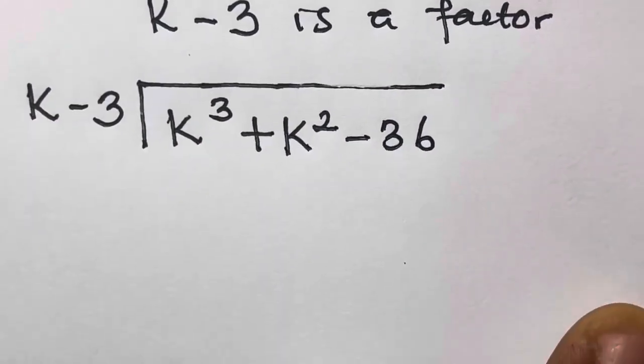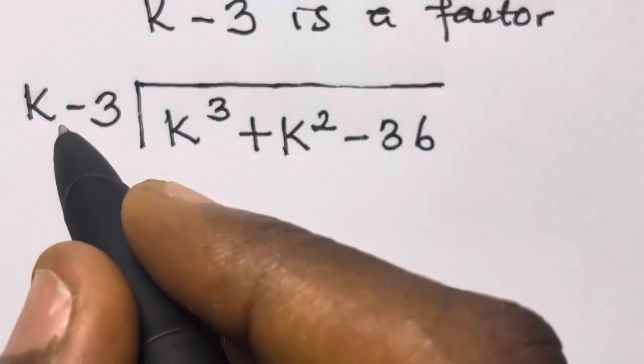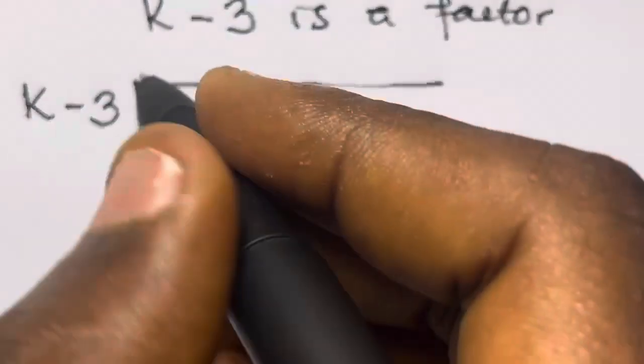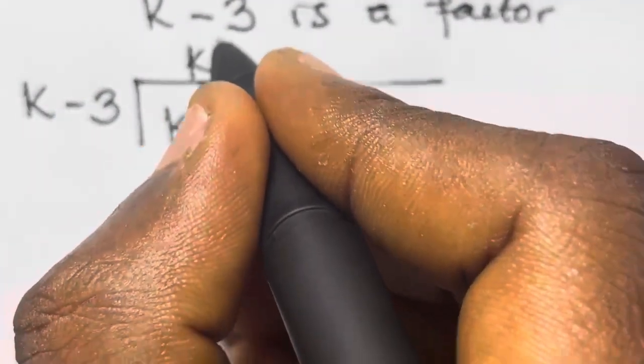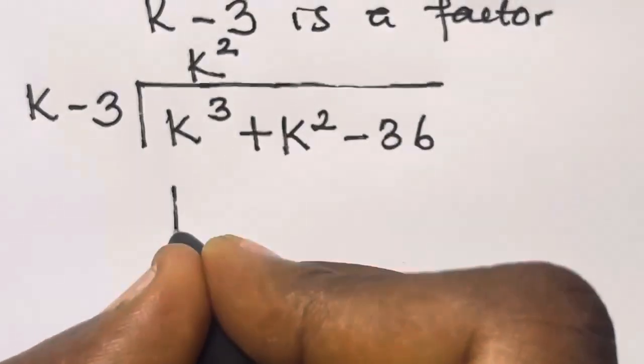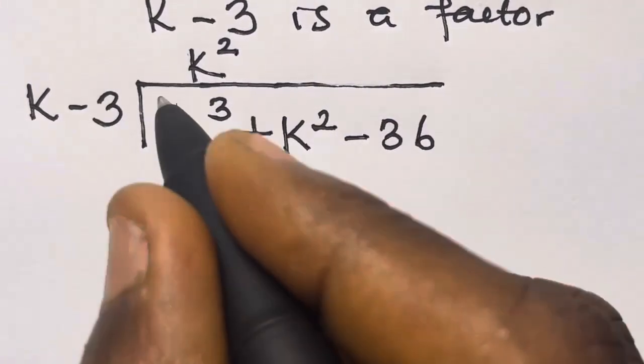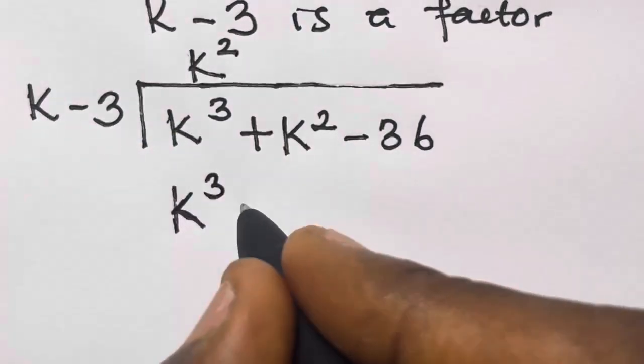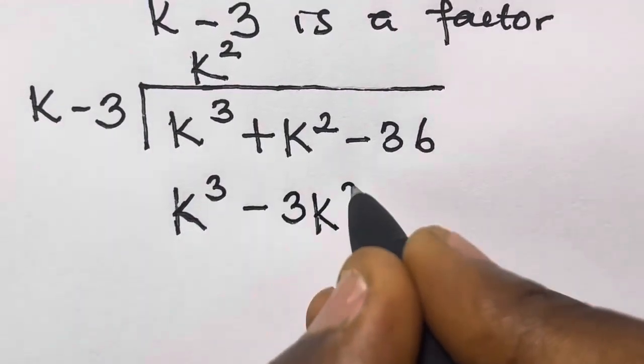Let's watch this closely so you don't make a mistake. K in k cube, we have k square. Use this to multiply: k square times k is k raised to power 3, then k square multiplied by minus 3 is minus 3k square.